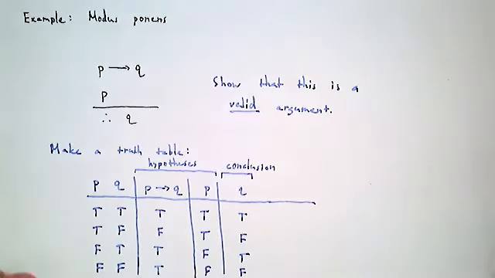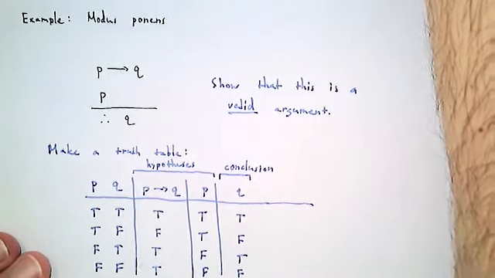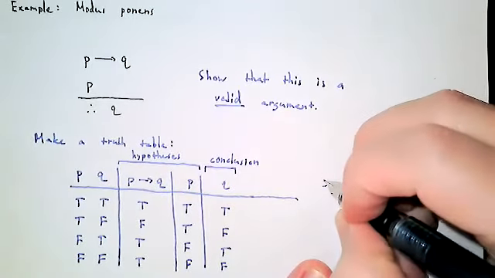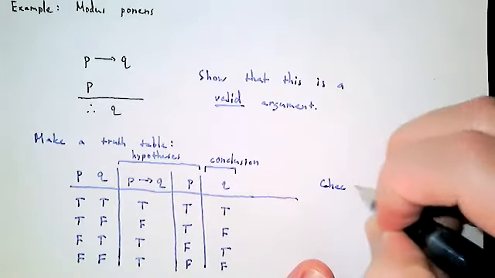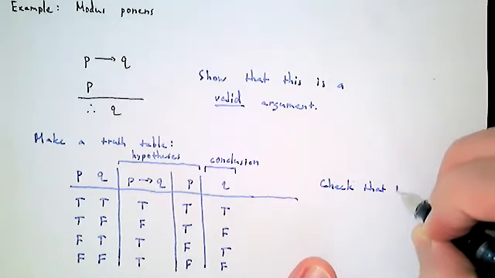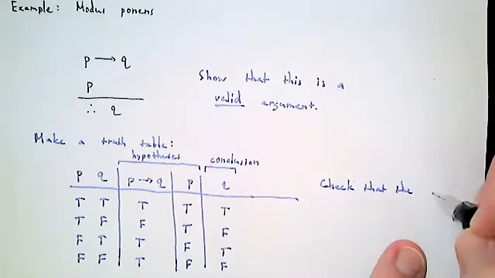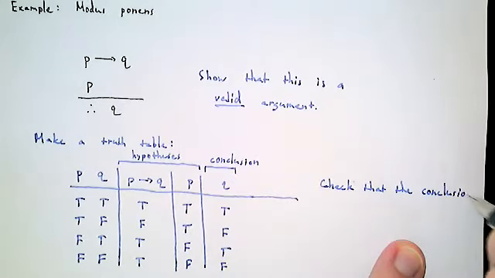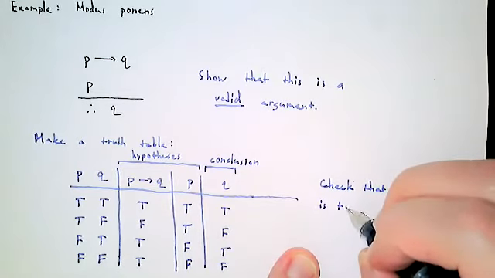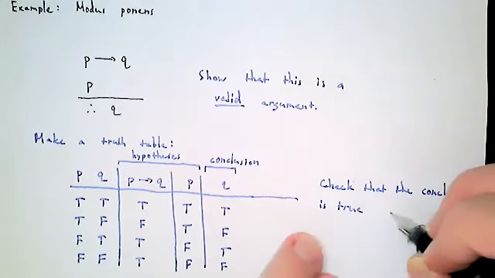Okay, so that completes the truth table. And now we need to look at it and answer this question that I'm about to write. We have to check that the conclusion is true whenever all of the hypotheses are true.